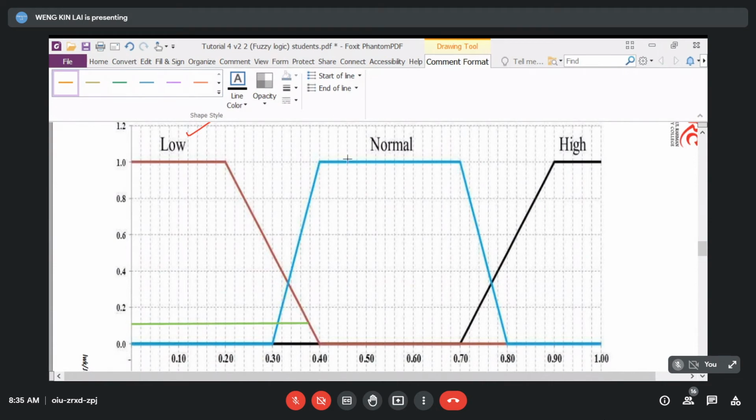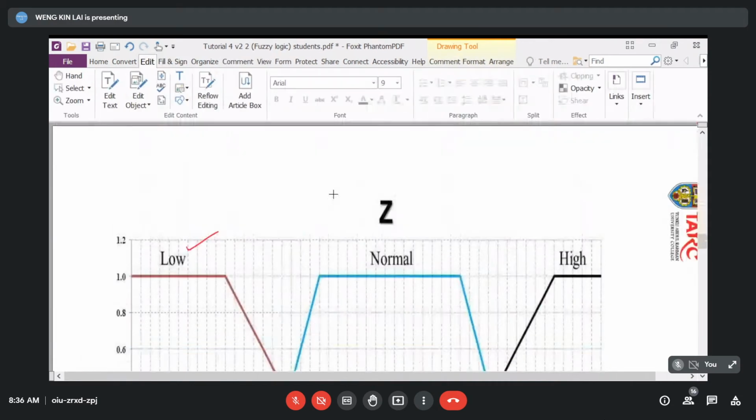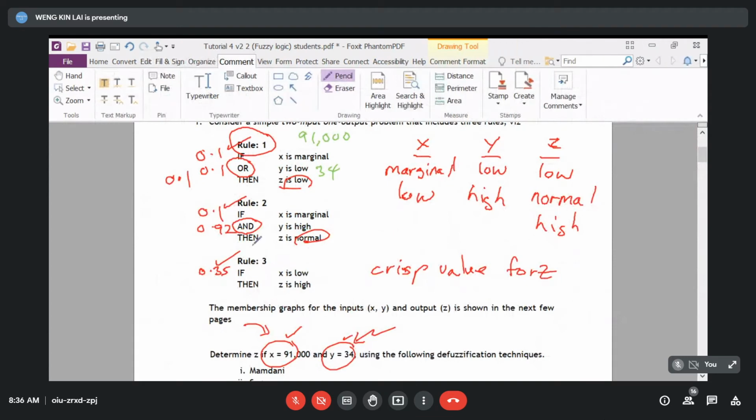Your 0.1 normal is 0.1, so it so happens it's also 0.1. You can see different colors here. Let's go back to the 0.1. This is also 0.1, because you're trying to find the minimum value because of the intersection, the AND function here. So it's also 0.1.